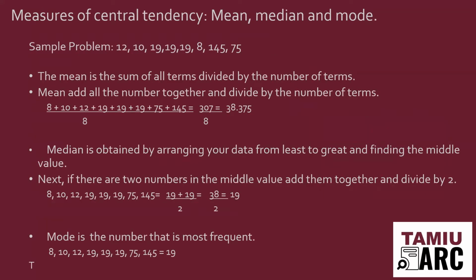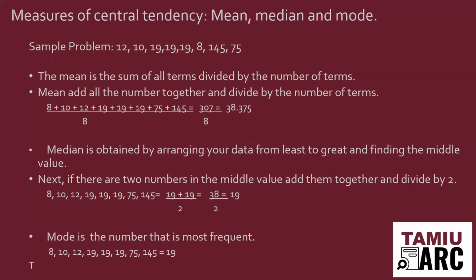Next, we have measures of central tendency, which are mean, median, and mode. Our sample problem is 12, 10, 19, 19, 19, 8, 145, and 75. We first look at the mean. For the mean, we add all the numbers together and divide by the number of terms.